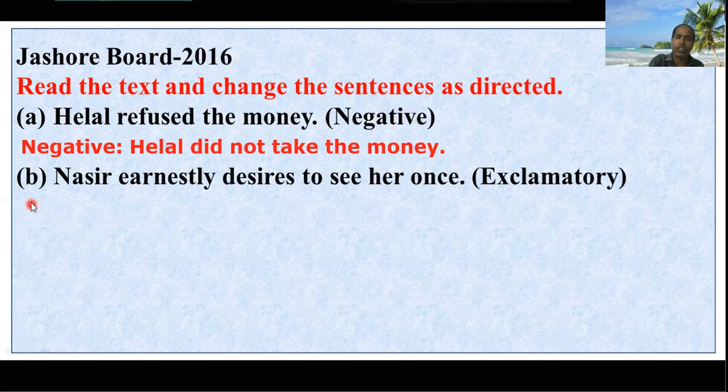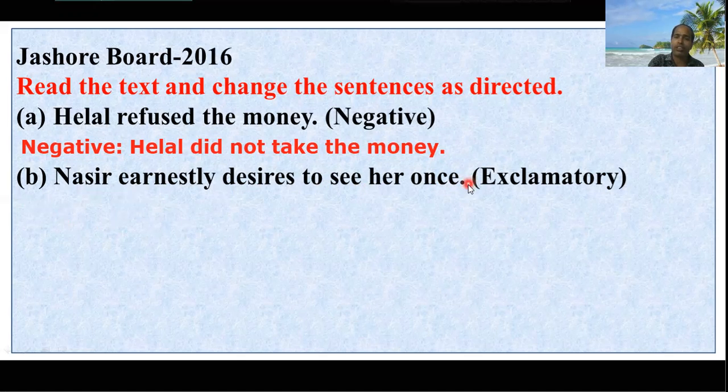First you have to write how, and then you have to set the adverb. In this sentence, the adverb is honestly; you have to write this adverb after how. And then you have to write Nasir desires to see her once.